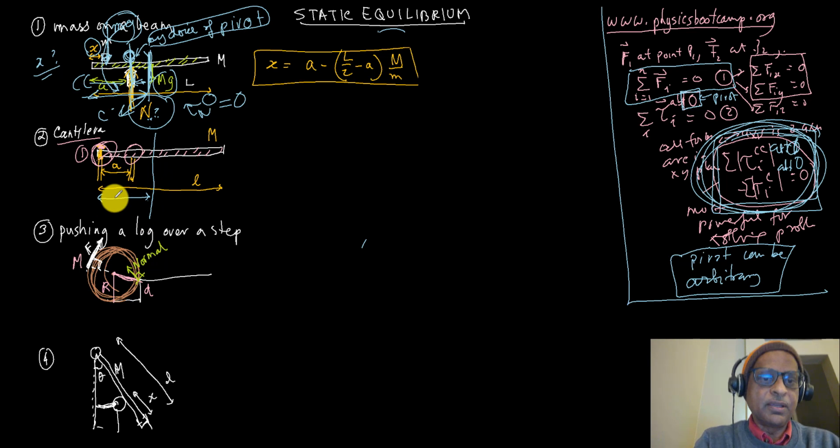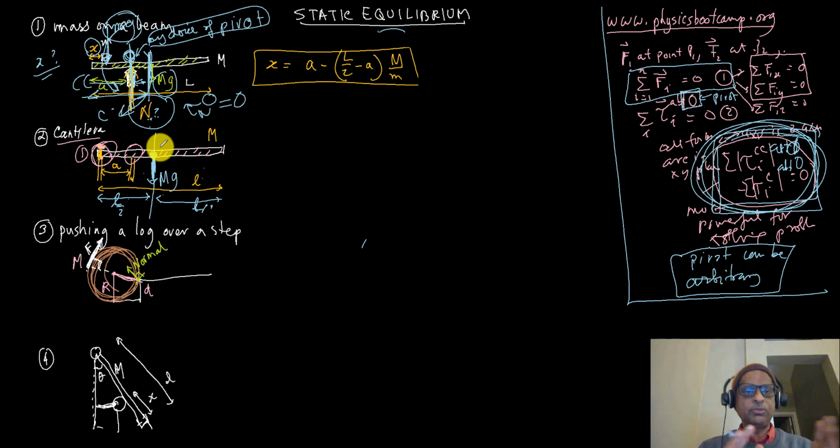This is L over 2 and L over 2, and I'm using a small l here. So here, that's the capital mg, the weight, which acts at the center. You should use this fact and use the symmetry to figure out where to place the weight, because the weight is acting at all those places, and this is the symmetric point.